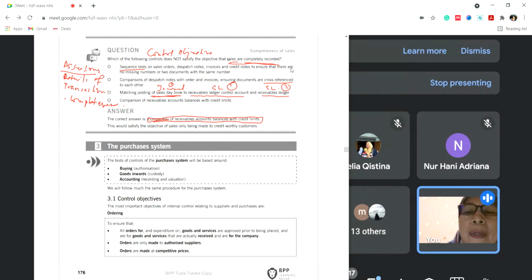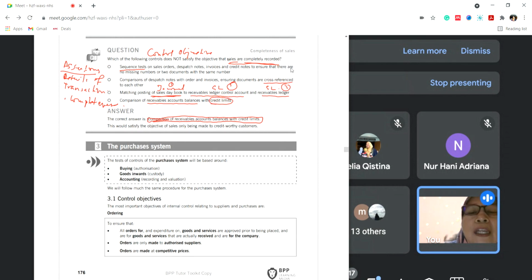Okay, actually number 4, comparison of receivable accounts balance. The receivable account balance comes from the sales ledger, and they just compare it with the credit limit.